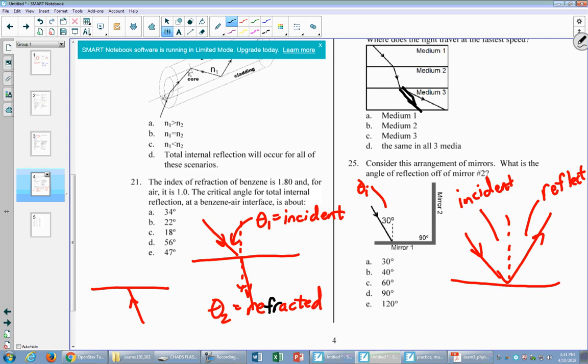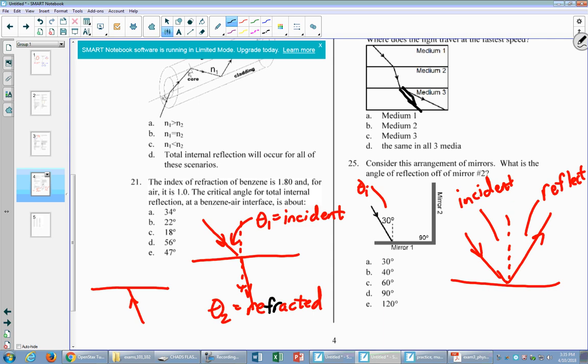If that's the case, this index is equal to this index. Remember, we can get rid of medium 2 completely and just imagine that it's not there. If I have a light ray that moves from here to here without being refracted, without being bent, then these two media are the same. Then this angle would be the same as this angle. That theta 1 would equal theta 2.